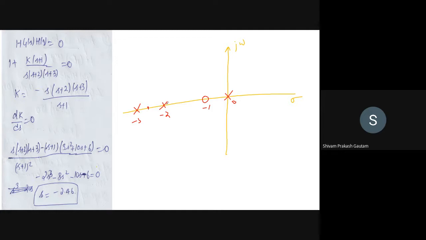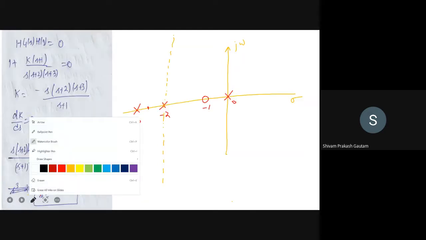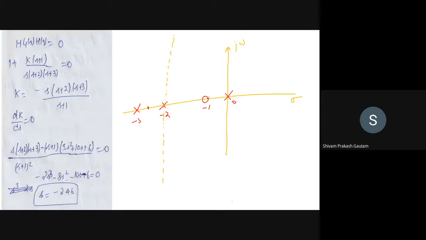Let me draw the centroid. -2 is our centroid, and this is plus 90 degree and plus 270 degree, our angle of asymptote. So this much part is clear. One root locus branch will start from here and terminate here. There is no problem here.